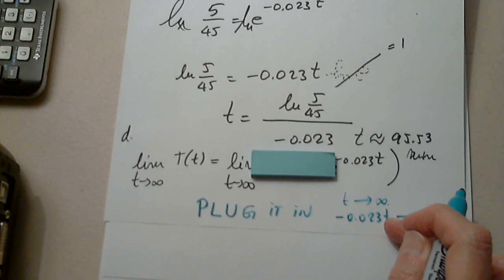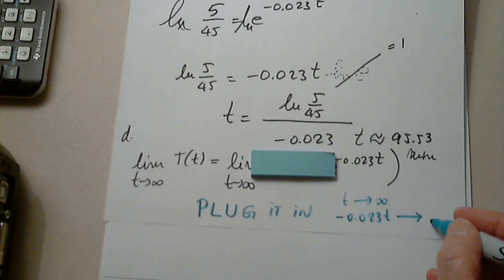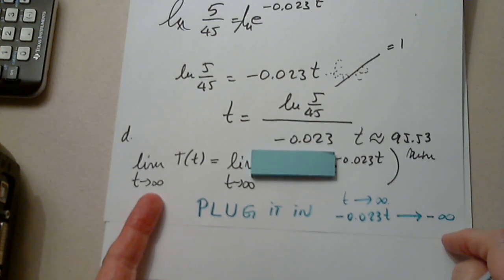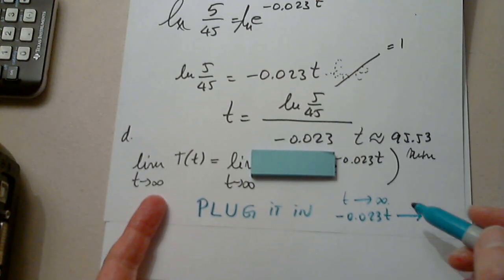So infinity times a negative number, where will it go? To negative infinity. Would you agree? Anyone? Why wouldn't it go to 0 instead of negative infinity?